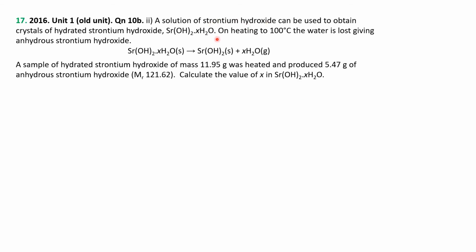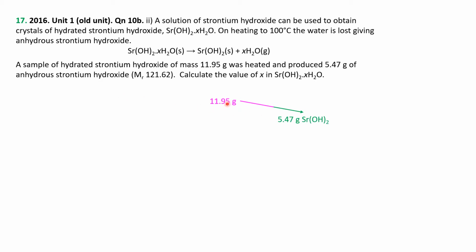Now we've got strontium hydroxide with a hydrate. Again, heat the strontium hydroxide hydrate, giving off the water, leaving you with the strontium hydroxide. Mass of hydrated strontium hydroxide of 11.95 grams was heated and produced 5.47 grams of anhydrous strontium hydroxide. Okay, what's the difference?